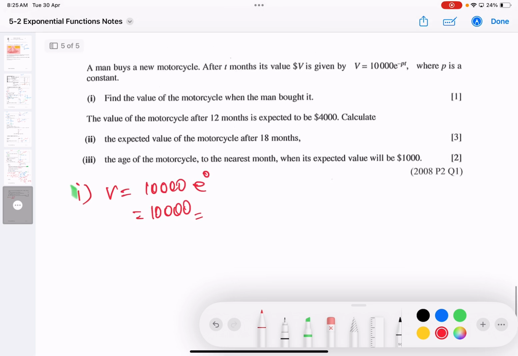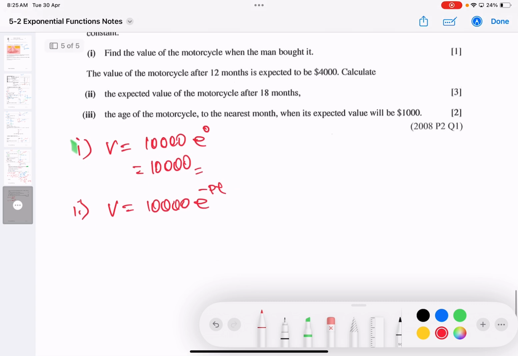We have the formula, V equals 10,000 e to the power of negative PT, and they tell us that the value of the motorcycle is $4,000 after 12 months. So we know that T is 12, and we need P.